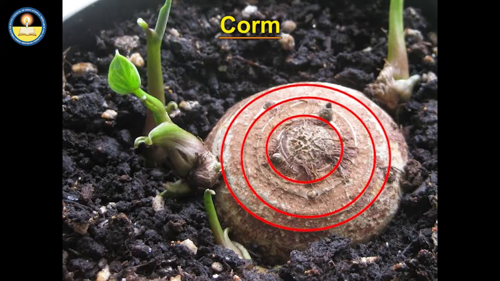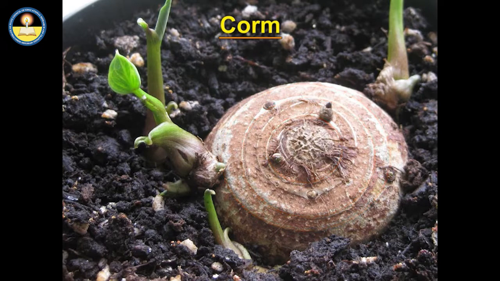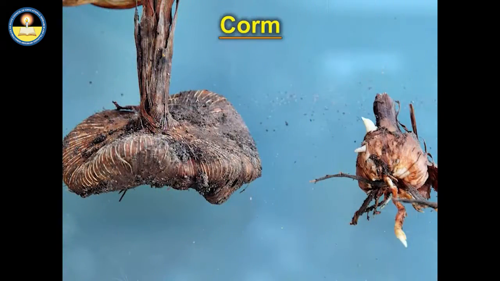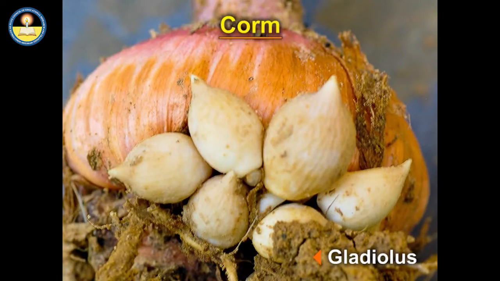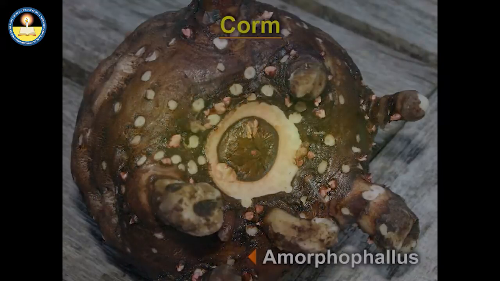The circular leaves form only papery scales. As with bulbs, the terminal bud grows into a flowering shoot and the lateral buds produce new plants. Sometimes a single corm may develop daughter corms from lateral buds, as in Colocasia, Gladiolus, Amorphophallus.